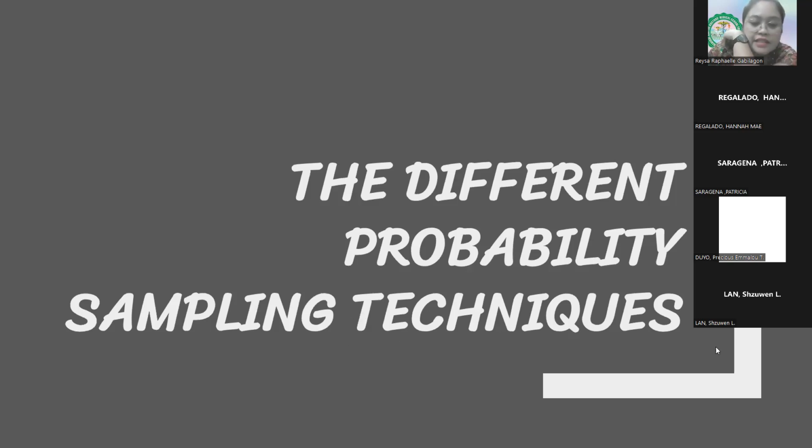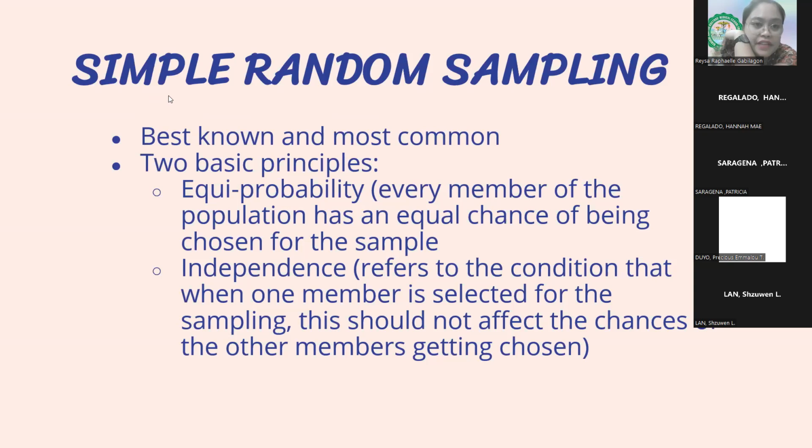Let's start first with sampling techniques. In probability sampling techniques, we have simple random sampling. This is the best known and the most common probability sampling technique, wherein, since this is probability sampling, we have equiprobability, which means that all the members of the population will be given equal chance to be included in the study.